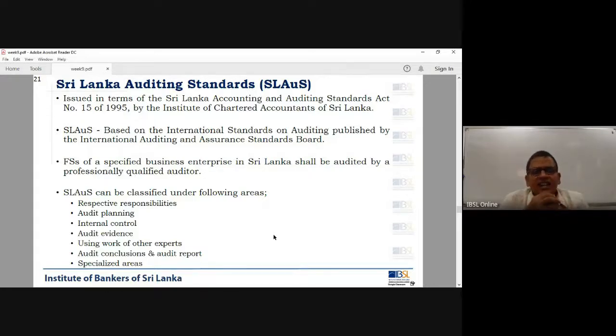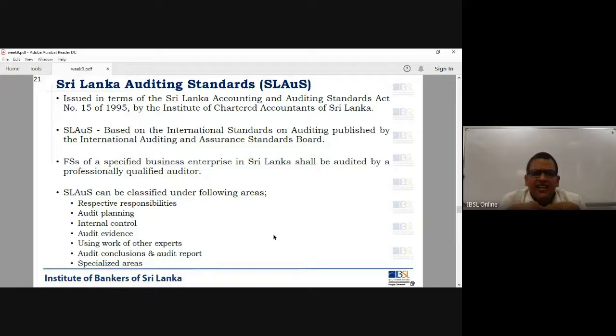These auditing standards are released from time to time by the Institute of Chartered Accountants of Sri Lanka, and are issued based on the international standards on auditing published by the International Auditing and Assurance Standards Board, like the accounting standards.